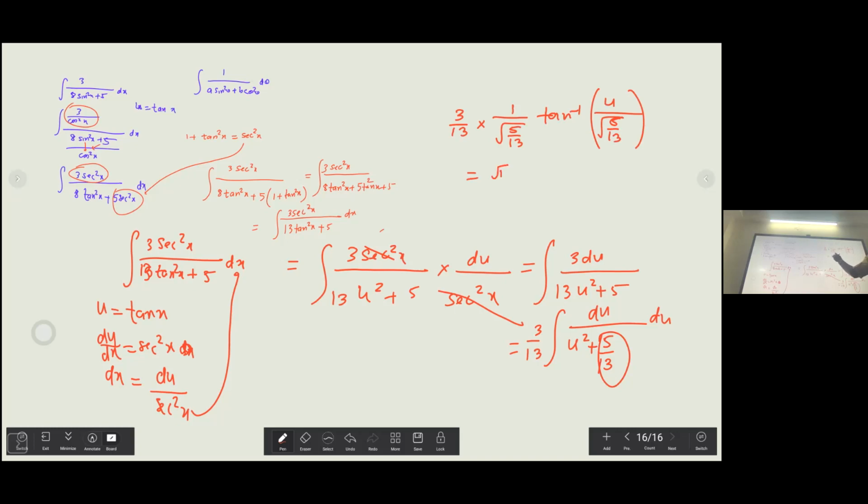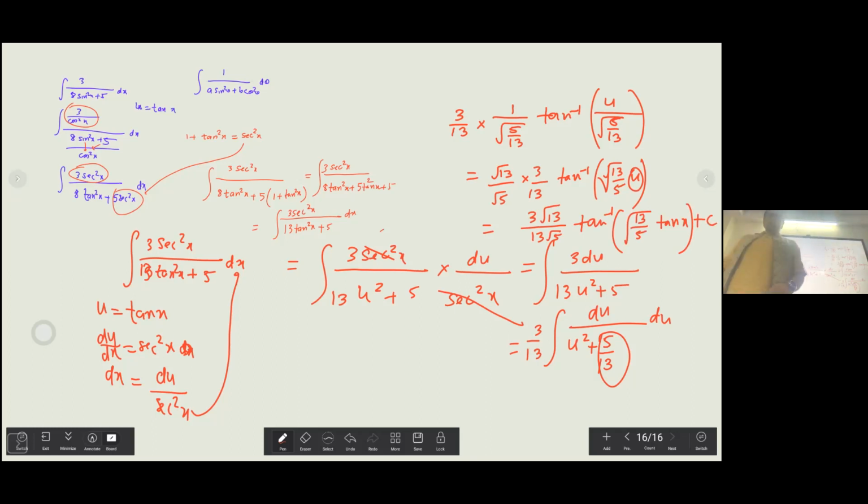So root 13 upon root 5 times 3 by 13 tan inverse root 13 by 5 u. Now in place of u, put tan x. It will become 3 root 13 upon 13 root 5 tan inverse of root 13 by 5 tan x. So that's the integration of this particular part. So I hope it is understood.